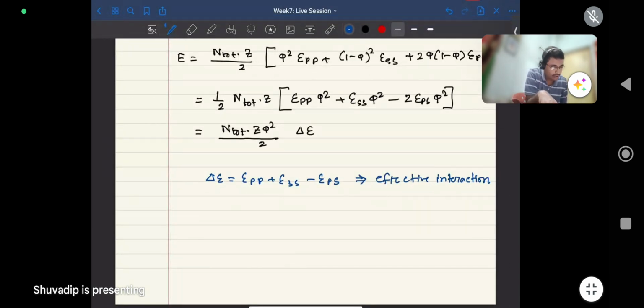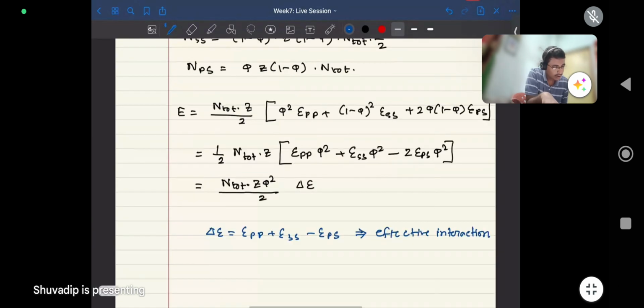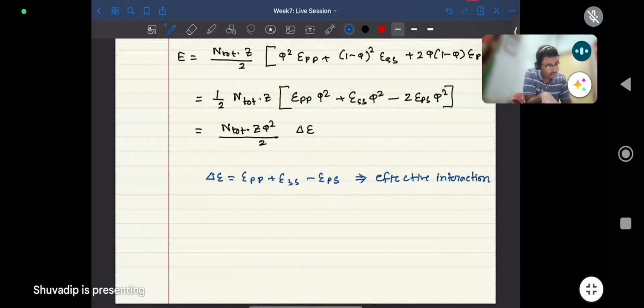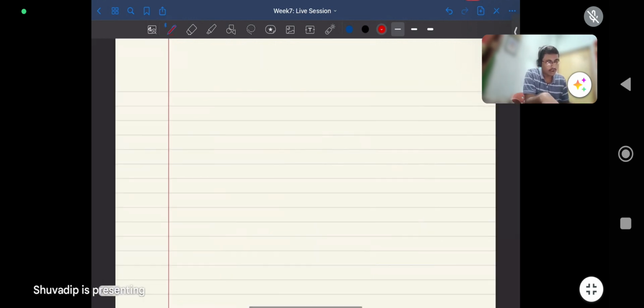Okay, so we got the energy. Now our job is to calculate the entropy term, because we want to write down the free energy, which is E minus TS. So we got the energy in terms of epsilon. Now we have to calculate the entropy. To calculate entropy, first we need to understand how many configurations there are.